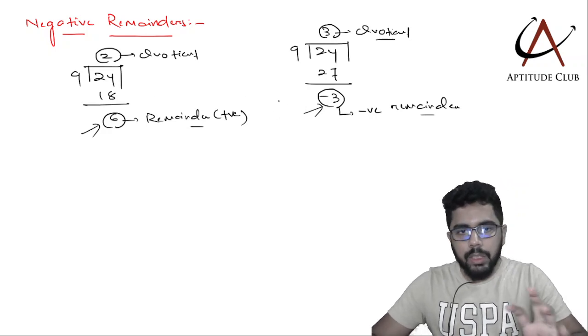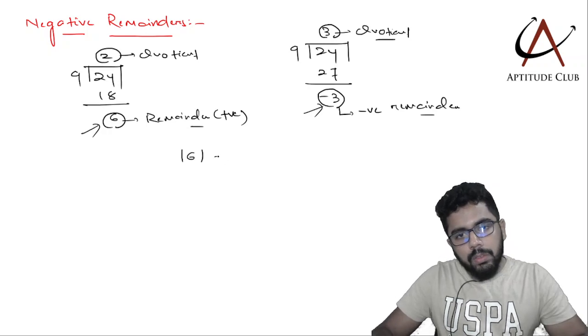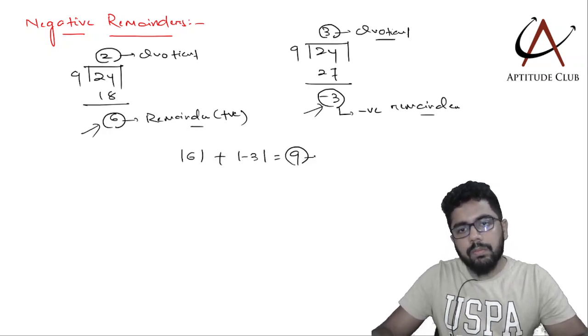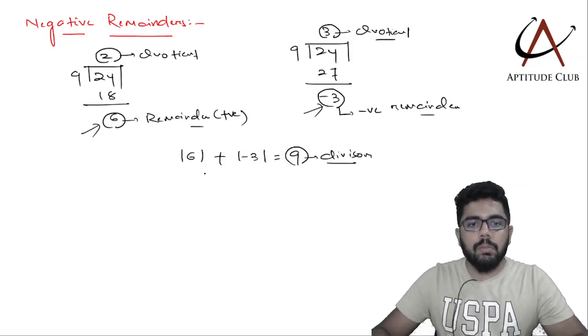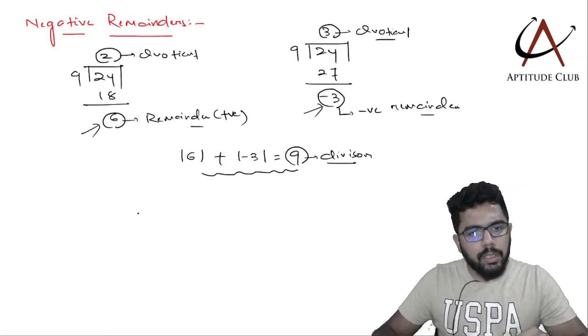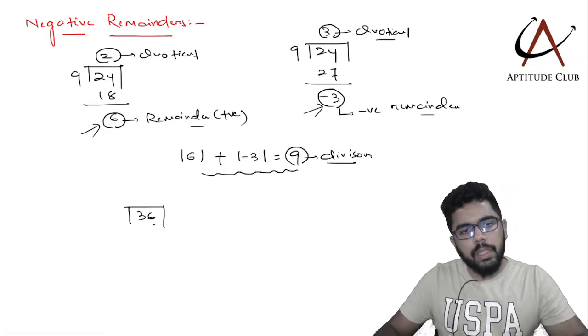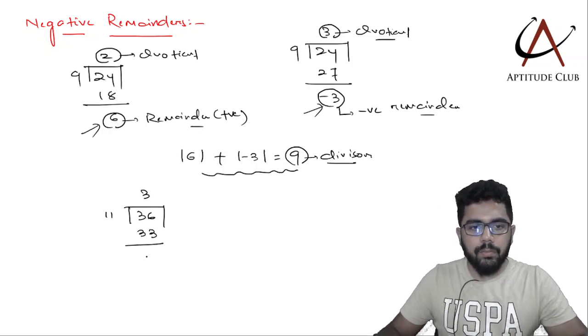And there's a beautiful observation: the modular sum of the positive remainder and the negative remainder is equal to the divisor. Let me take another example. Suppose 36 is divided by 11. So 11 threes are 33, and the positive remainder is 3.